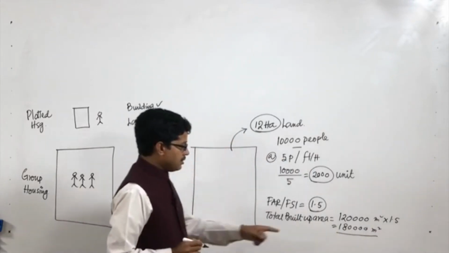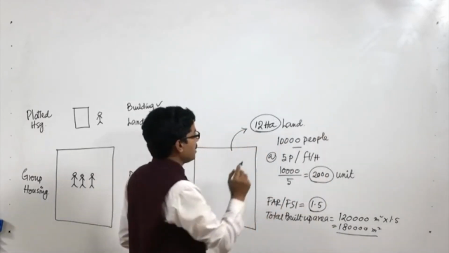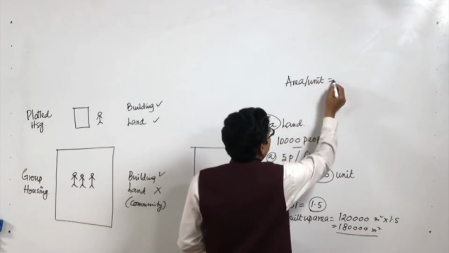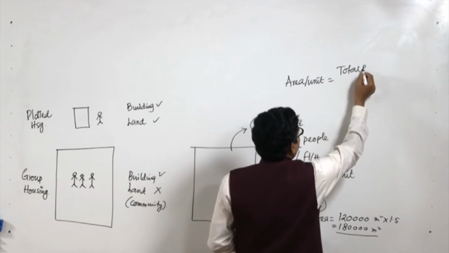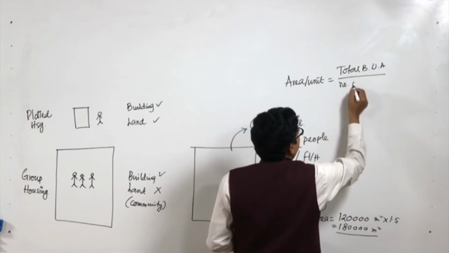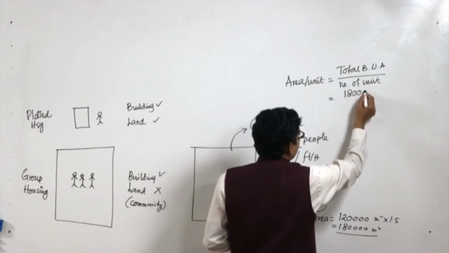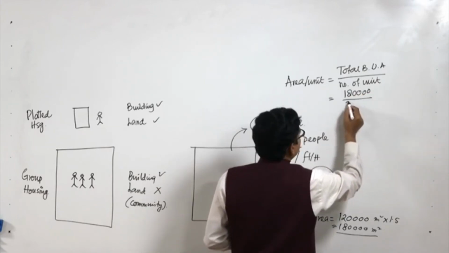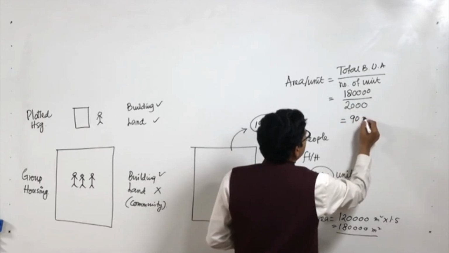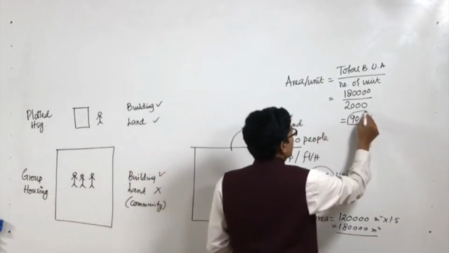Now, consider that this is the total built up area and this is the total number of units. So, the area per unit will be the total built up area divided by the number of units. This becomes the average area per unit.